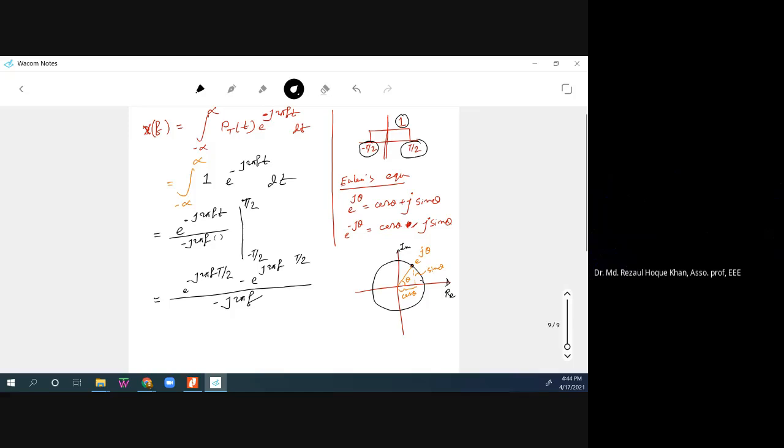So e to the power minus j 2 pi f t, minus e to the power j theta. Imagine this one: cos theta minus j sin theta. So this term will be cos theta minus j sin theta, and this term will be minus e to the power.